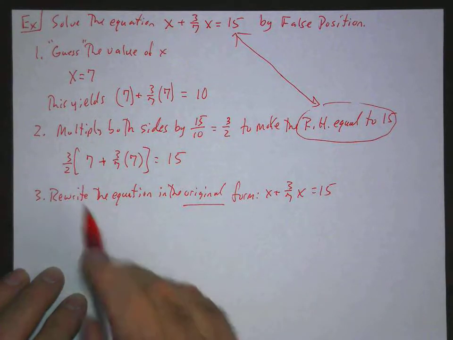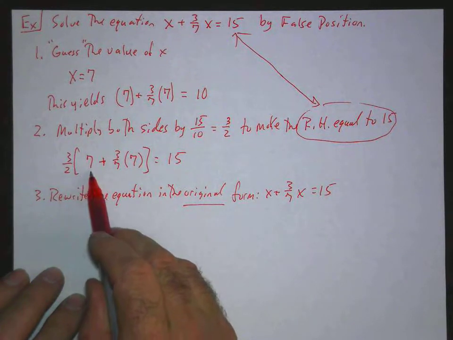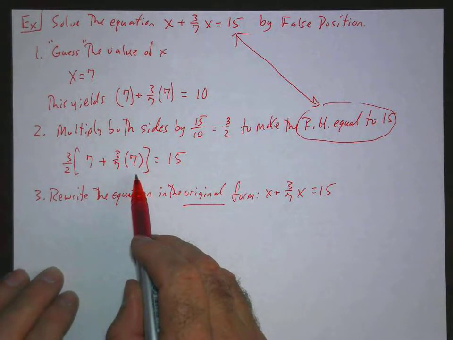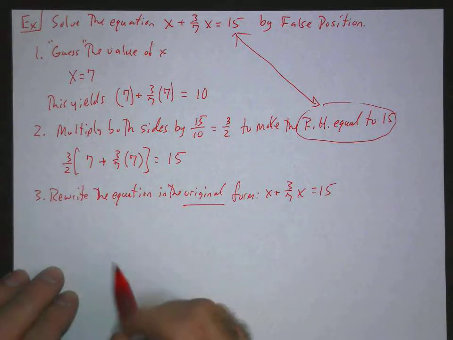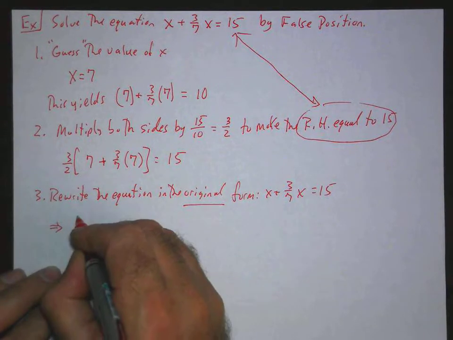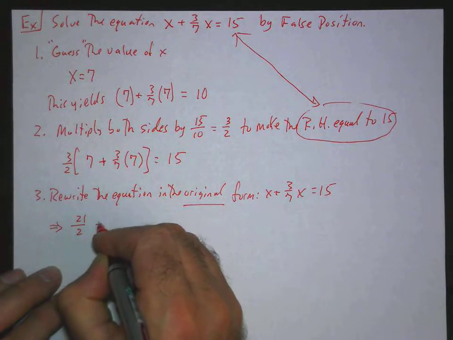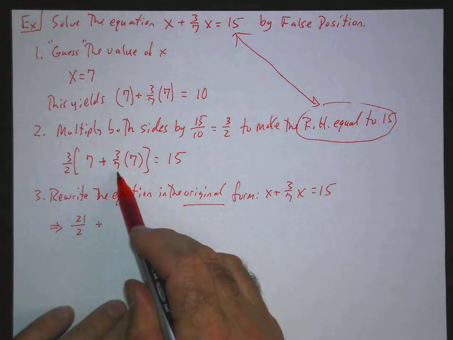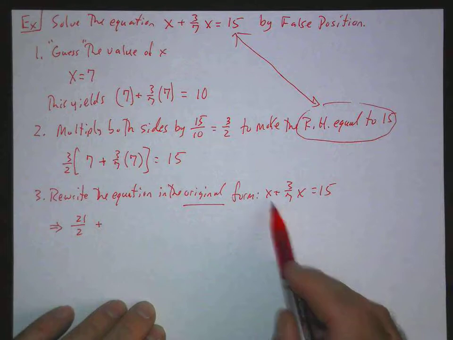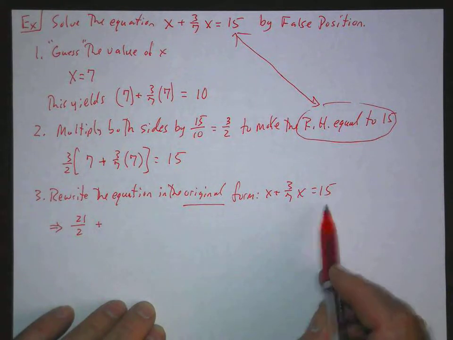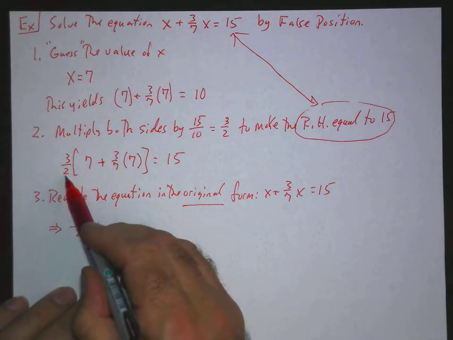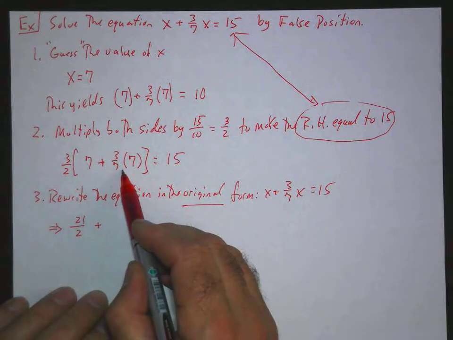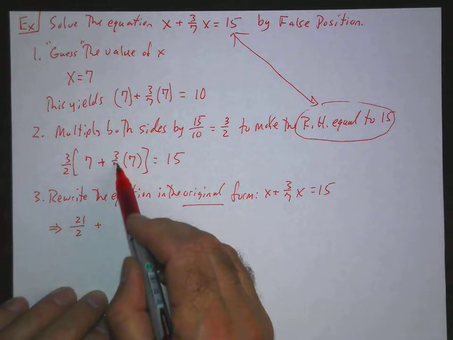Okay. I'm going to distribute the 3/2 to each term inside the parentheses. So 3/2 times 7 is 21/2. And you know what? This 3/7 here, I'm going to leave it as is, because I want my equation to fit the form x plus 3/7 x equals 15. So I'll take this 3/2 and I'll distribute it to this term, but I won't multiply it by the 3/7.